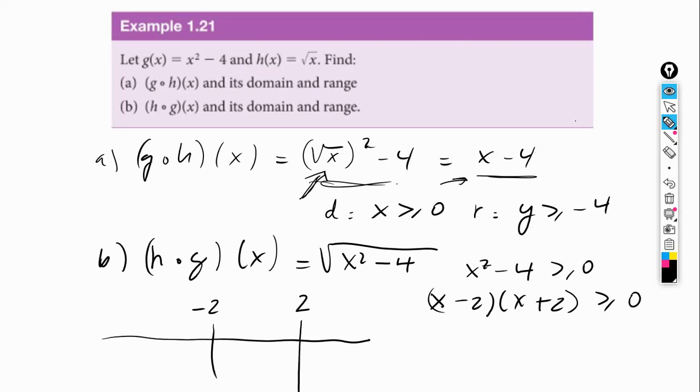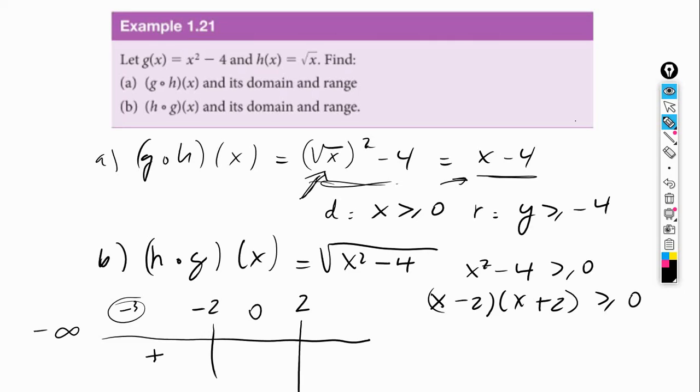So what happens when we have a number that is lower than -2, right? Because we have to consider what happens between -infinity and -2. So we can just plug in -3 or anything that is lower than -2. Notice that if we plug in -3, we're going to get 9 minus 4, and that's square root of 5, a positive value. So what happens between -2 and 2? Let's plug in a value, say, that is between these, like 0.